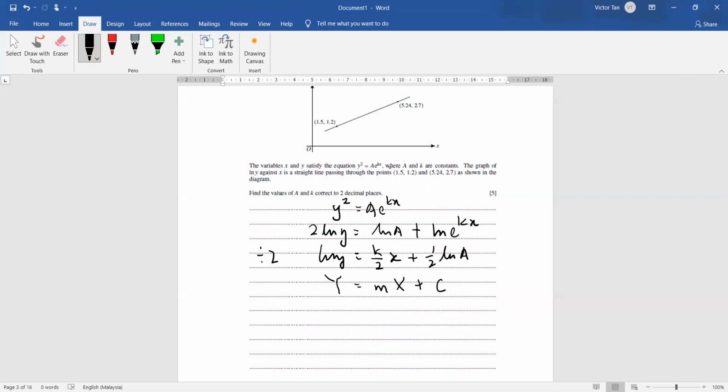So the gradient is k over 2 for the graph. So k over 2 equals 2.7 minus 1.2 over 5.24 minus 1.5.